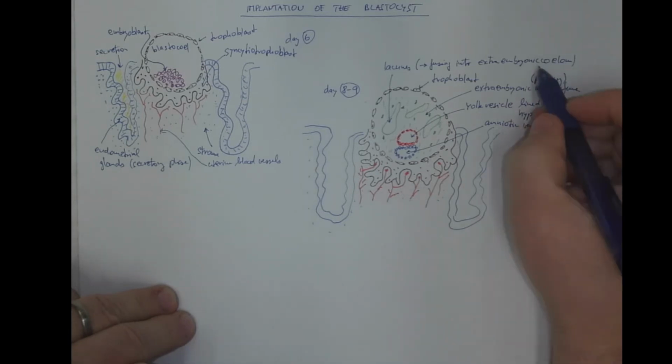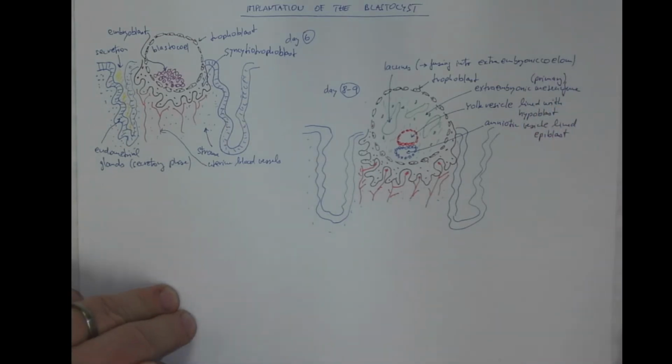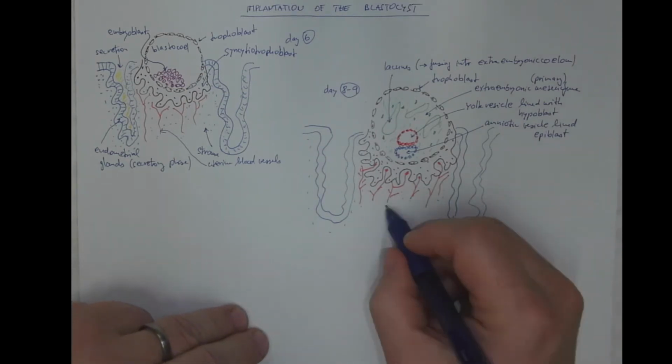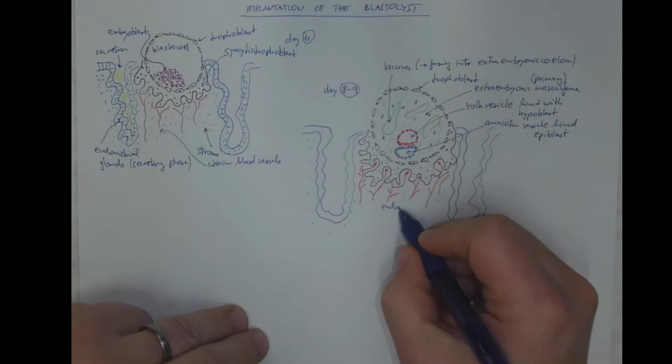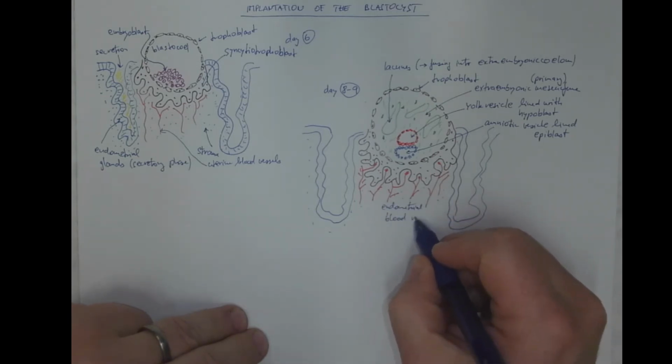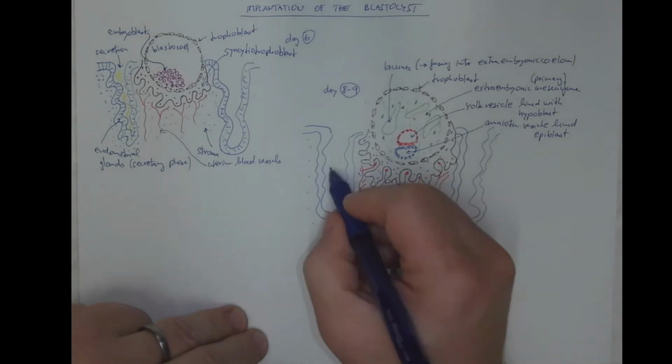Coelom, that's the cavity, C-O-E-L-O-M. And we got the endometrial blood vessels and the glands.